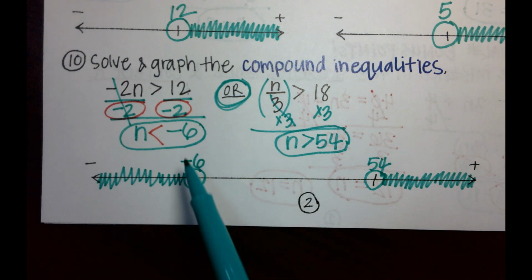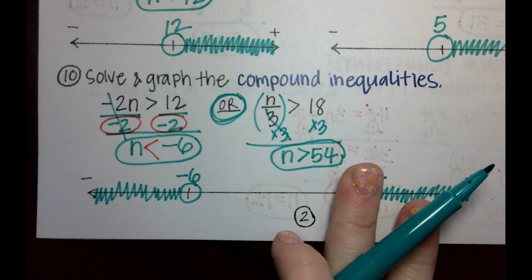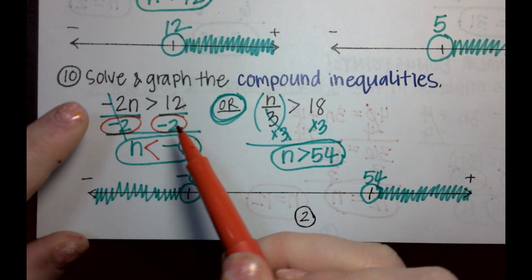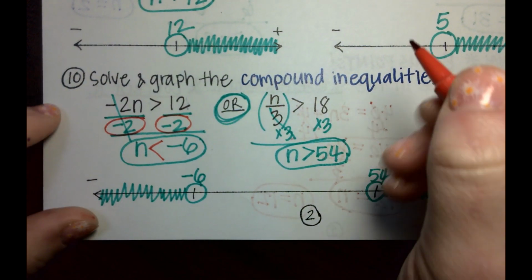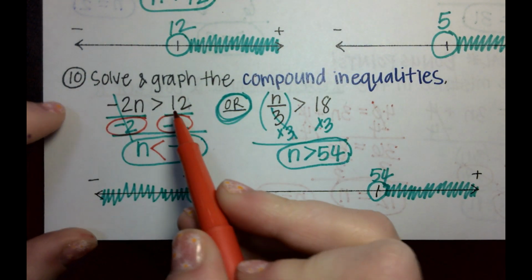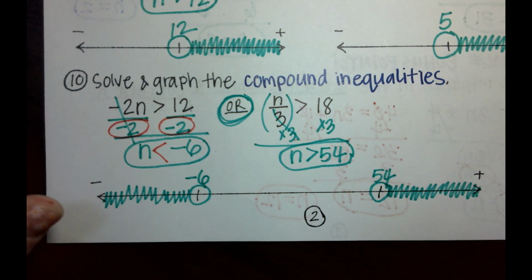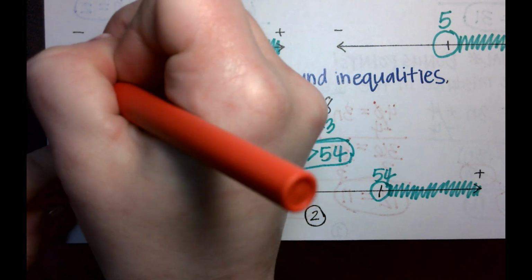So you'll be able to catch that as you do these. Okay, so this one, 1, 2, 3, is worth 6 points.